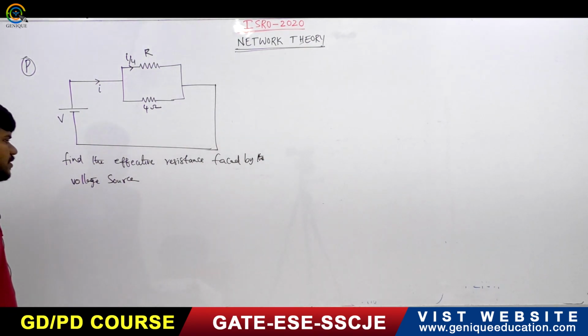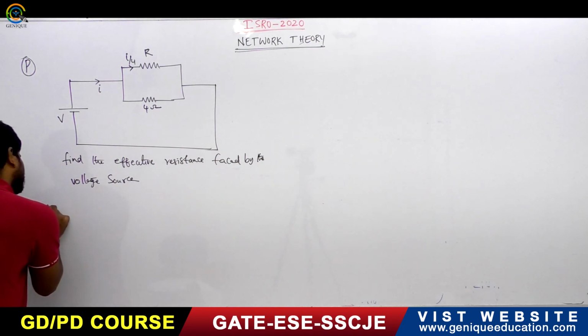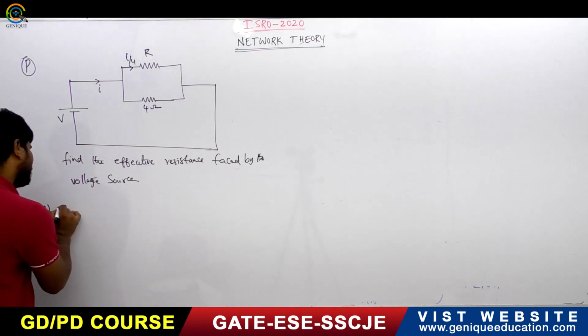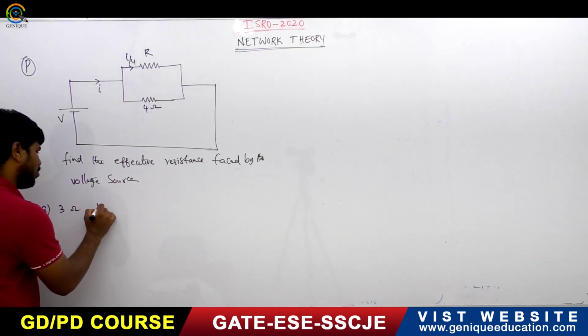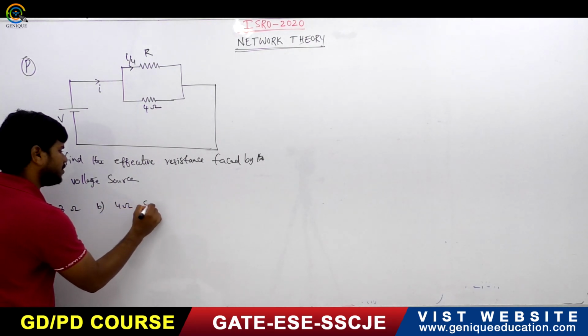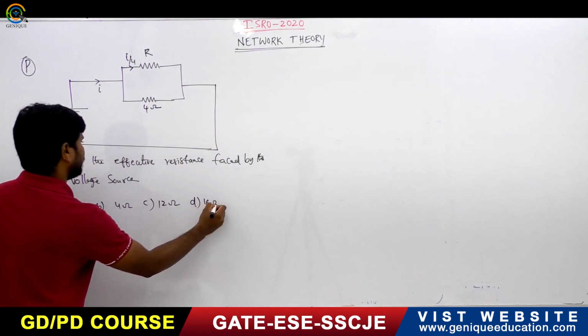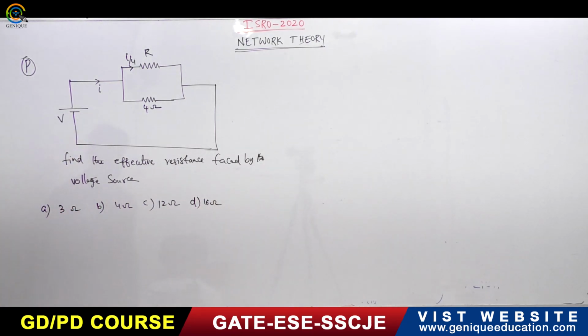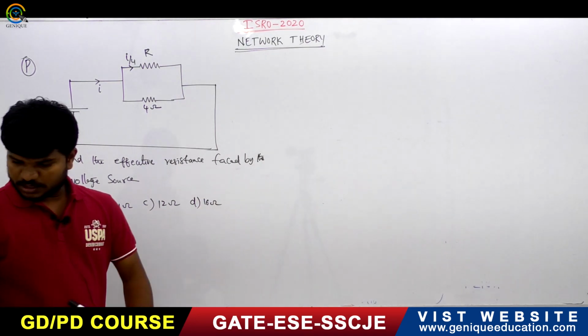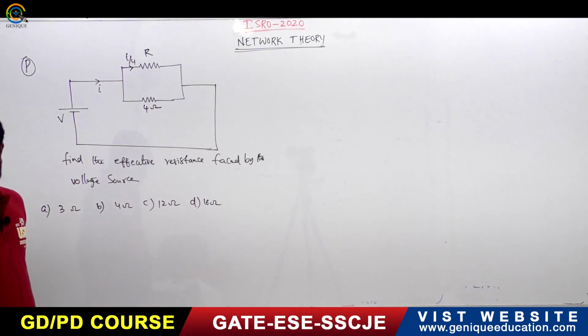The options are: option A 3 ohm, option B 4 ohm, option C 12 ohm, option D 16 ohm.